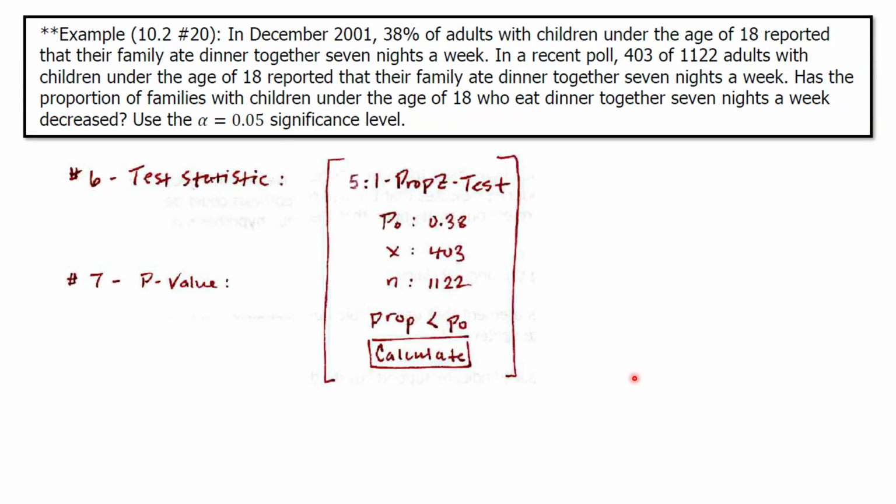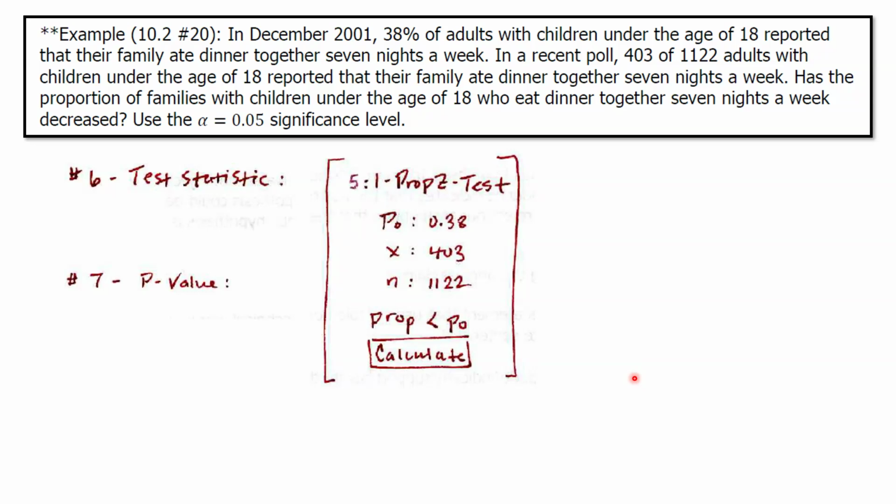So in our 1-prop z test, we are going to enter our p naught, which is 0.38. That is the parameter that we are testing against. Our x is going to be 403. Our n is 1,122 because that's the sample size. And we are testing in the alternative whether our proportion is less than p naught. Okay. And then we would go to calculate.